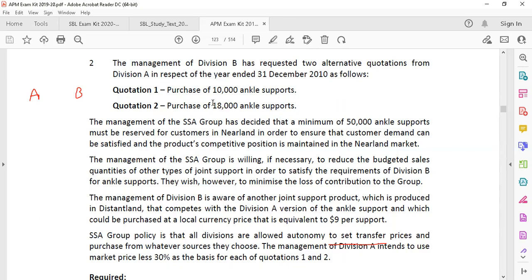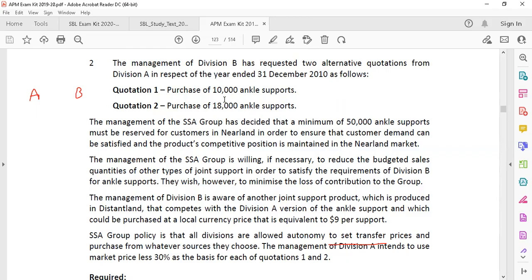If they have to accommodate this 18,000, there is a mention that the management of SSA group is willing, if necessary, to reduce the budgeted sales quantities of other types of joint support. So any one of these 4 joint support products, they would reduce the production of those units and divert the resources to manufacturing the requirement of Division B, which is 18,000.